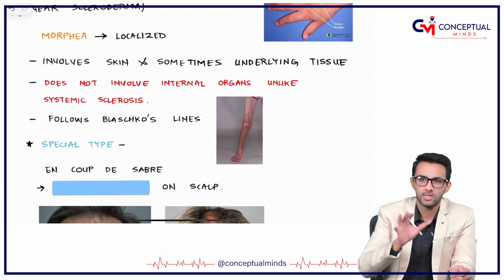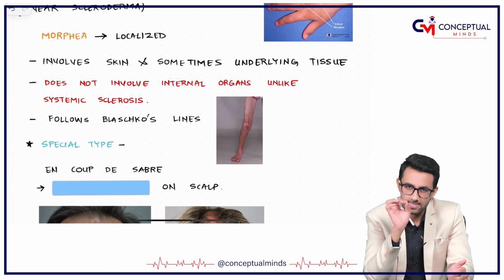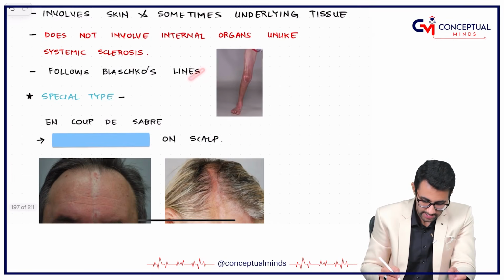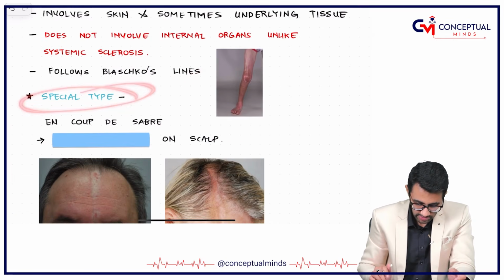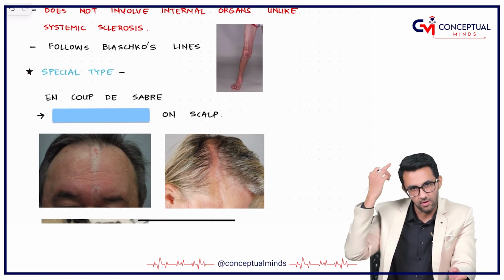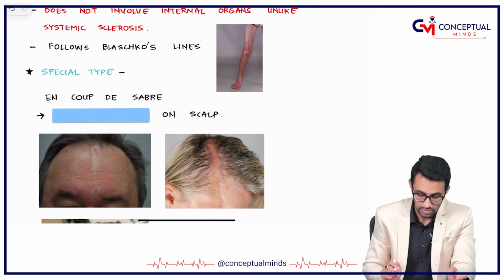Systemic sclerosis has everything involved, but this is only limited to the skin. Linear morphea follows Blaschko's lines. And what are the special types of it? This is the one I was talking about, linear morphea on the scalp.